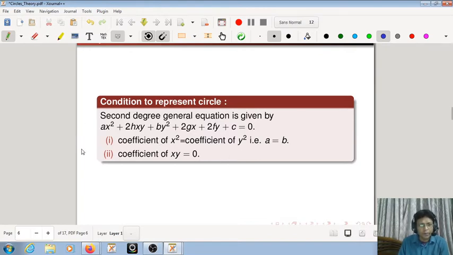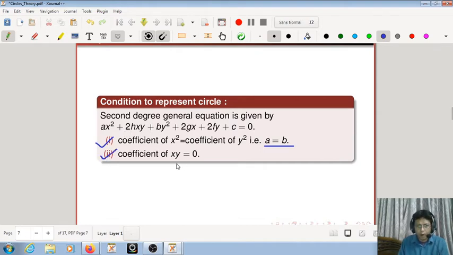So this will represent a circle only if there are two conditions. One is the coefficient of x squared must be equal to the coefficient of y squared, that is a equal to b, and there won't be any term having xy, so the coefficient of xy is 0.